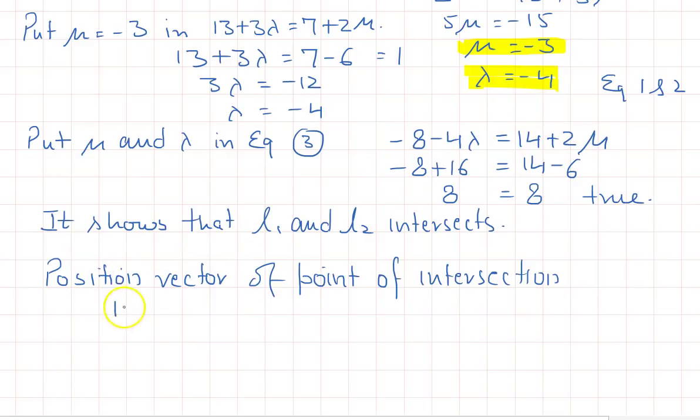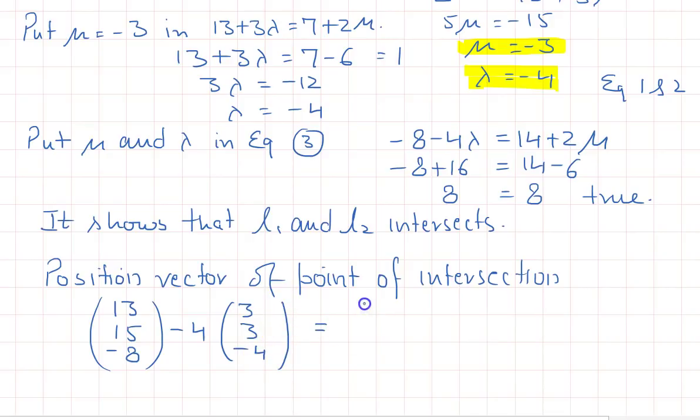So it was 13, 15 and minus 8. Then the value of lambda was minus 4, and that was 3, 3 and minus 4.